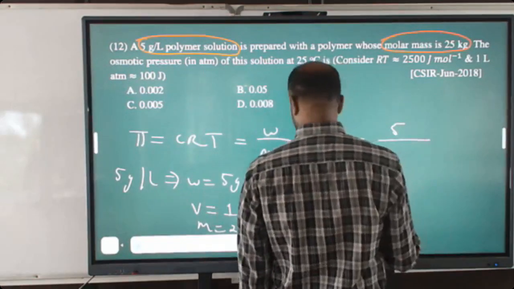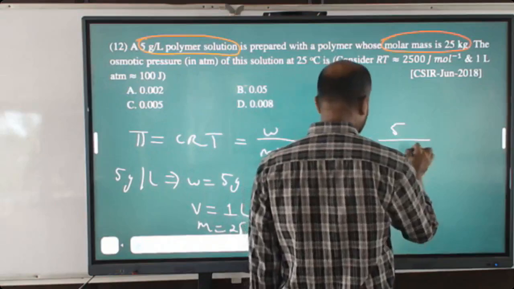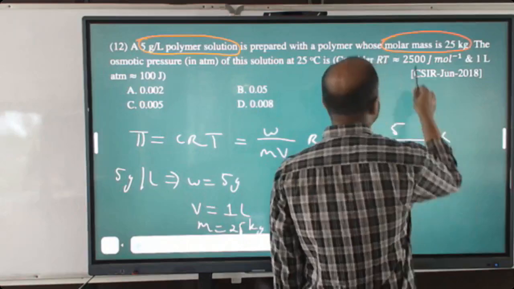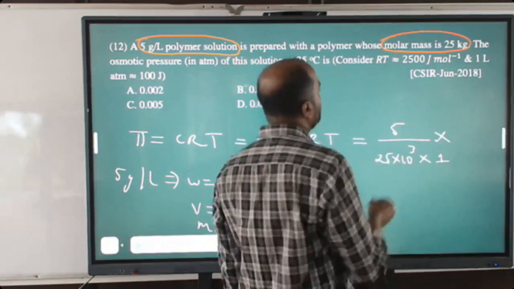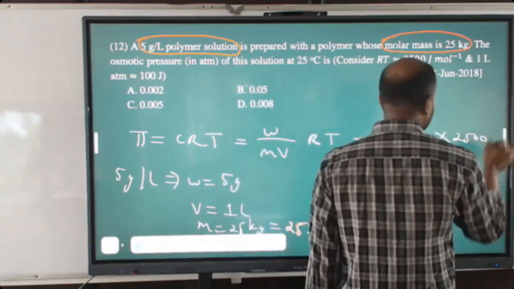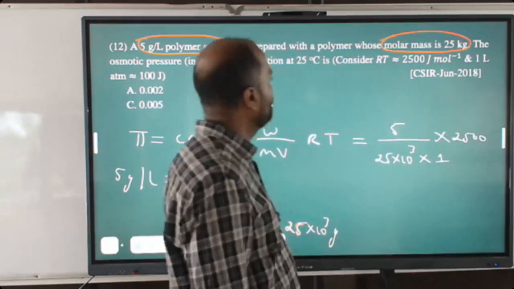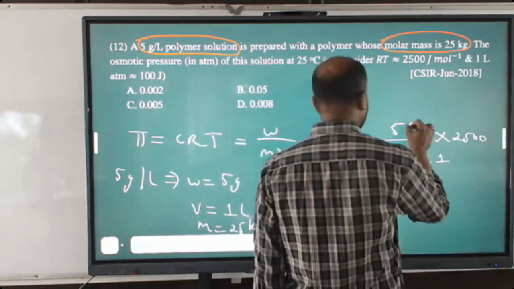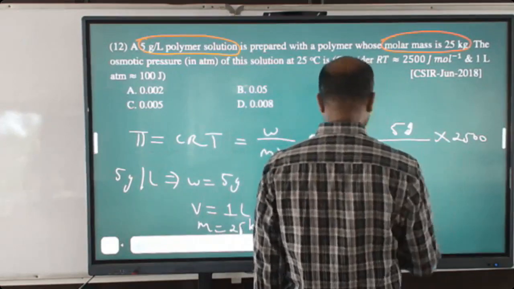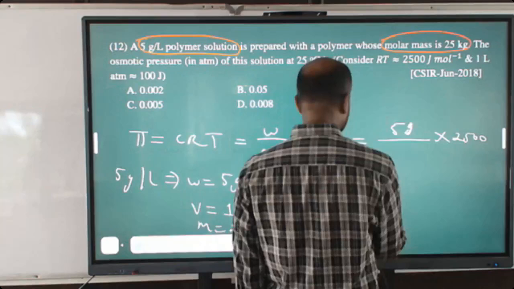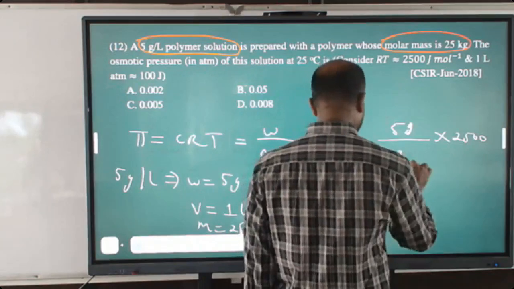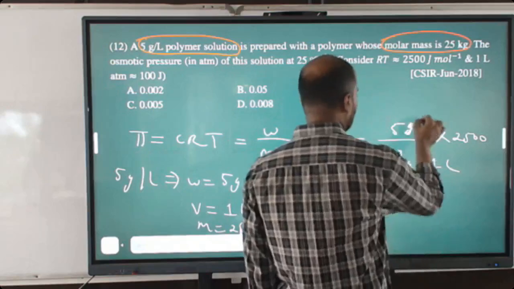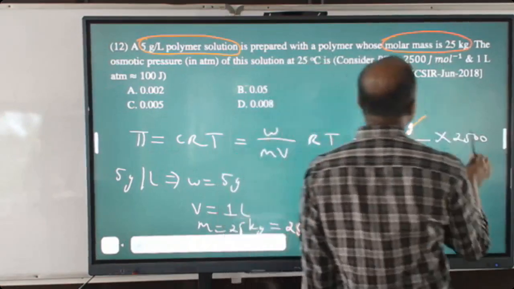So 5 divided by 25 into 10 cube into 1 liter into RT. RT is given to be 2500 joule per mole. Weight 5 gram, molar mass 25 into 10 raised to 3 gram, volume 1 liter. Gram and gram will get cancelled. Joule per mole.